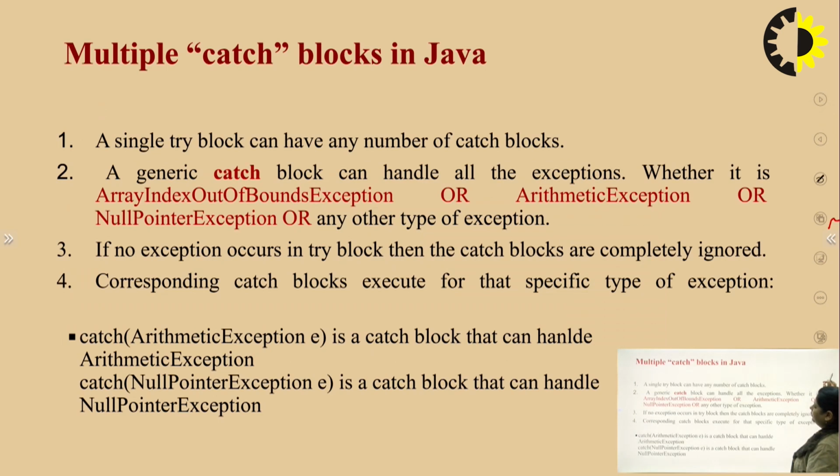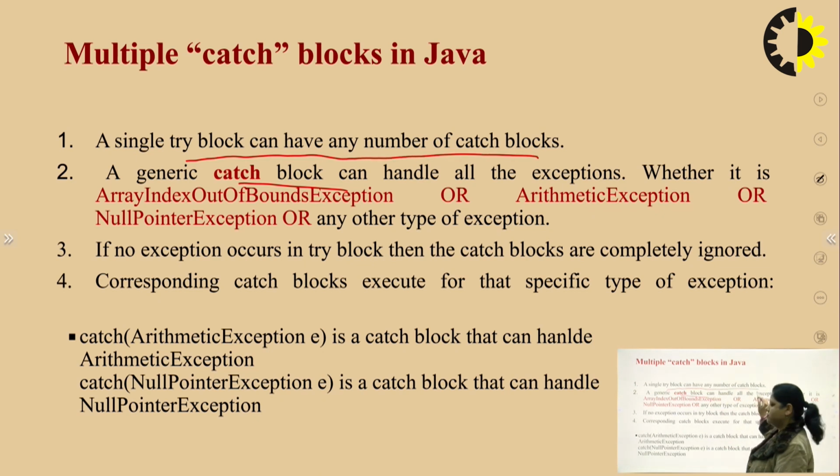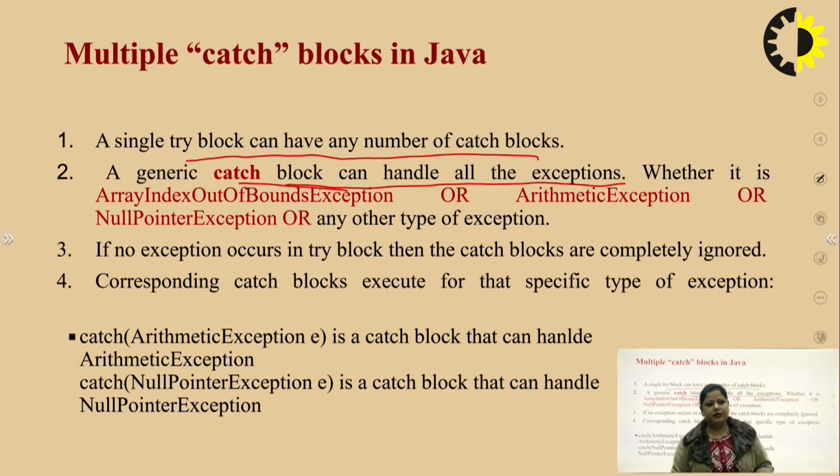This is the output. So there is one more part, that is multiple catch blocks in Java. So what is a multiple catch block in Java? I already discussed. There is one try followed by many catch blocks. So a single try block can have any number of catch blocks. A generic catch block can handle all the exceptions, whether it is array index or arithmetic expressions.